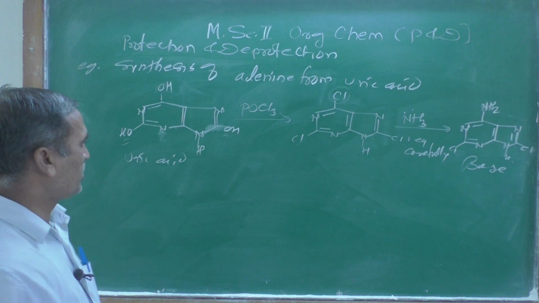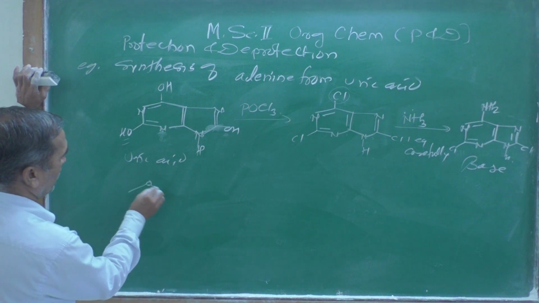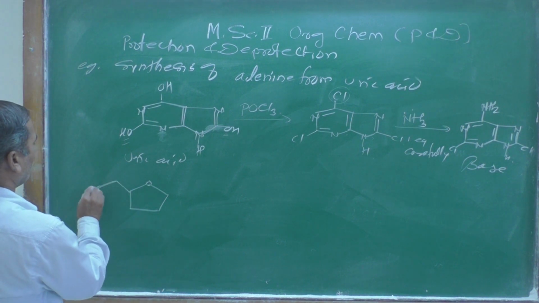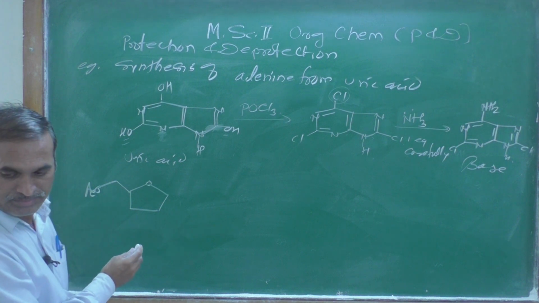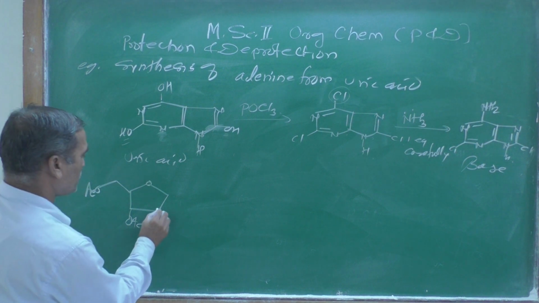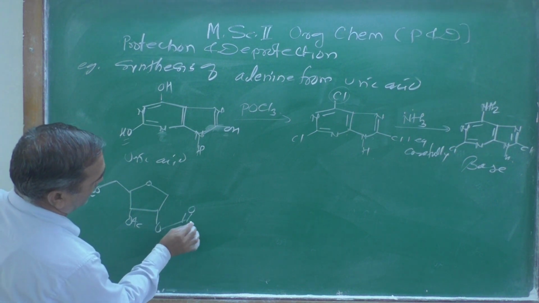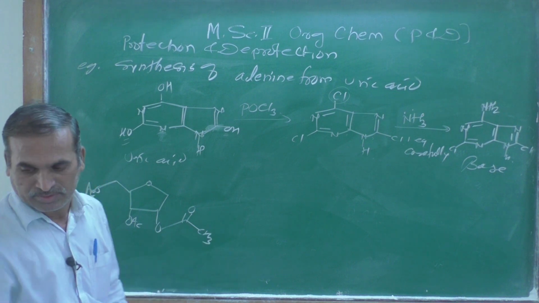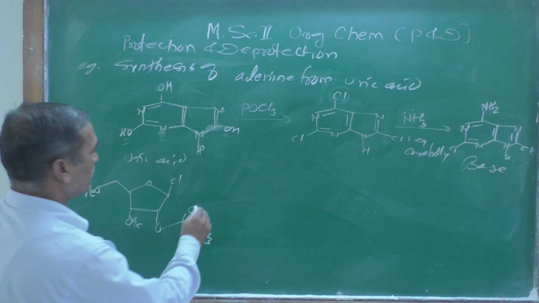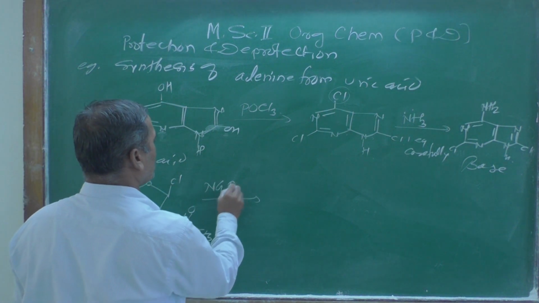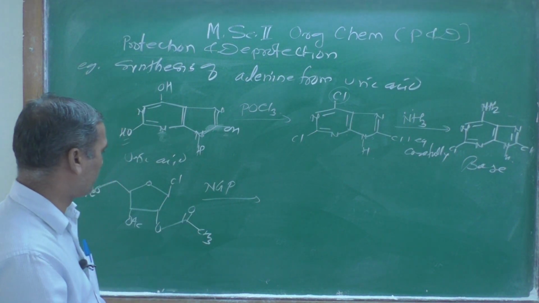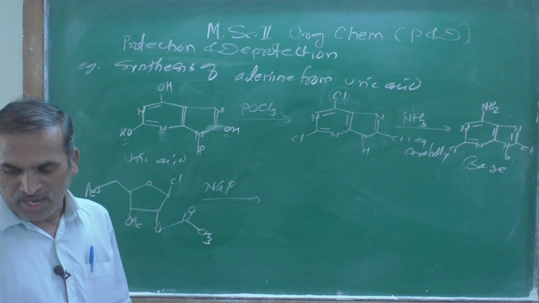Now let us see another one. Suppose we have this group, like we have just seen, OAc, then here OAc. Now at this position O, then the acetyl group I am writing like this, and then here is a chlorine atom. NGP means neighboring group participation takes place here. Let us see how the reaction takes place.